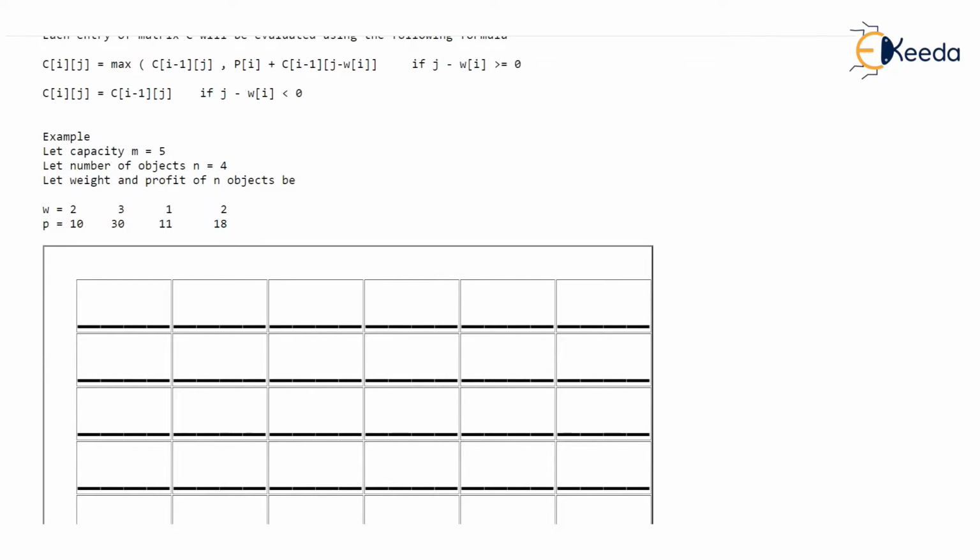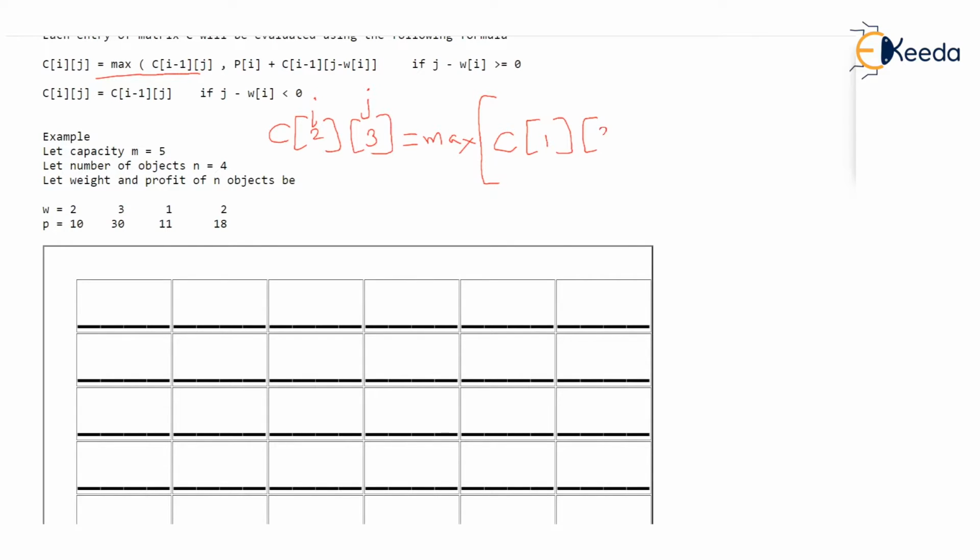So let's solve the first formula, where it says Cij, that is C23, which is what we are finding. So i is 2 and j is 3. C23 is equal to the maximum of Ci minus 1, j, so that will be C13, correct?